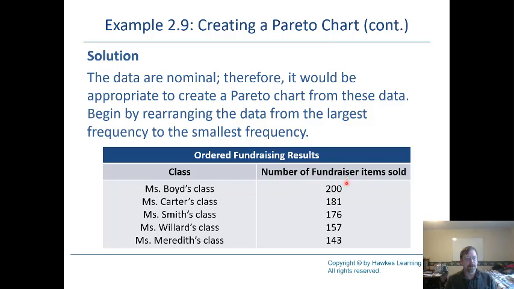Number of fundraiser items sold. So this is already the frequency of fundraiser items sold here. So we've got frequencies. Why don't you go ahead and take a minute and roughly sketch out this chart, and unpause when you're ready to move on.